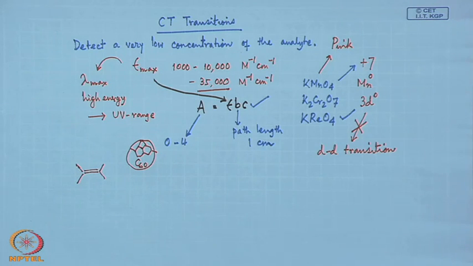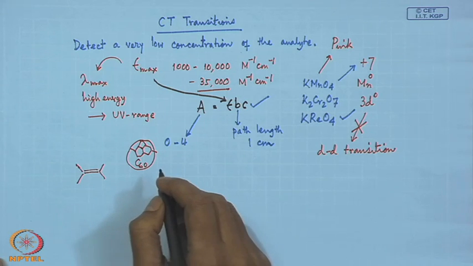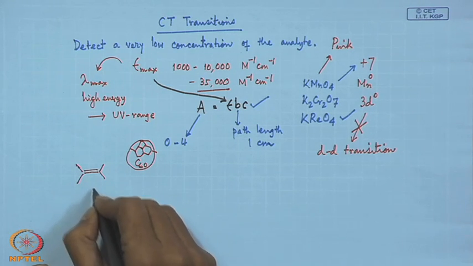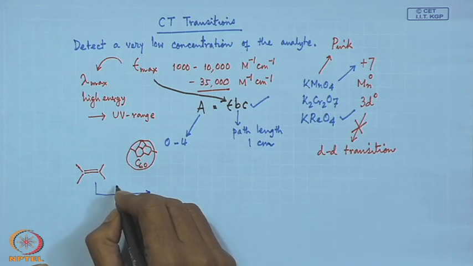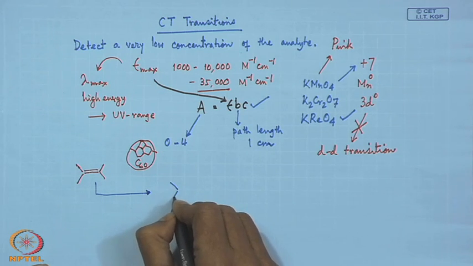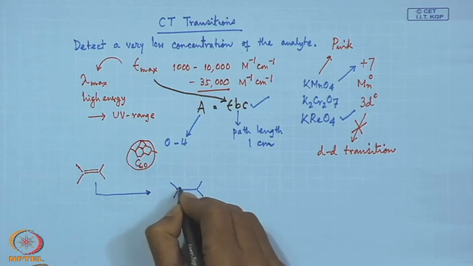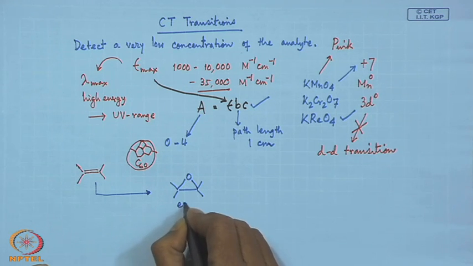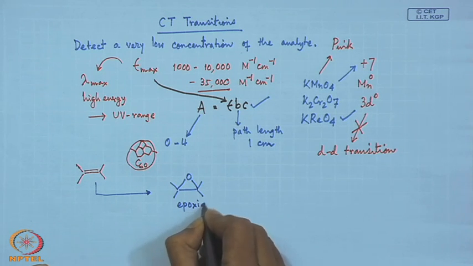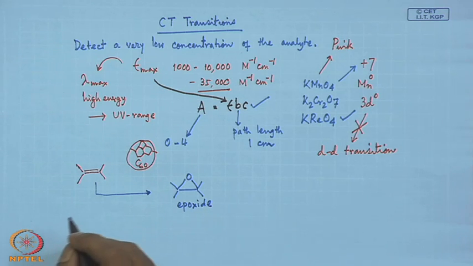So the solution of C60 is there, and when we have a large number of these double bonds, one such double bond can go for epoxide formation. So that is also colored.